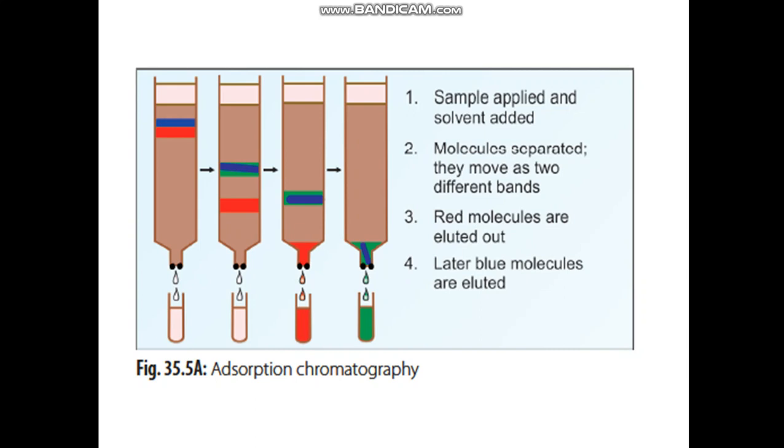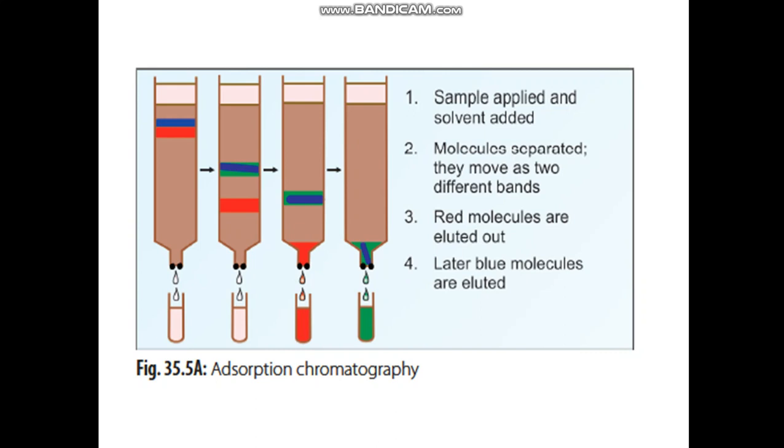The components get adsorbed on the column of adsorbent with different affinity. The affinity of the components to the alumina is different.